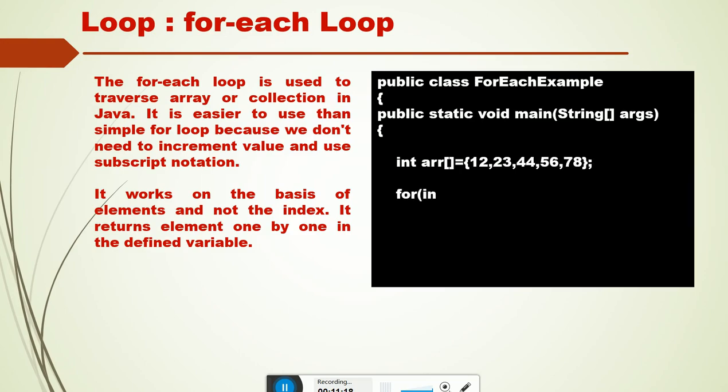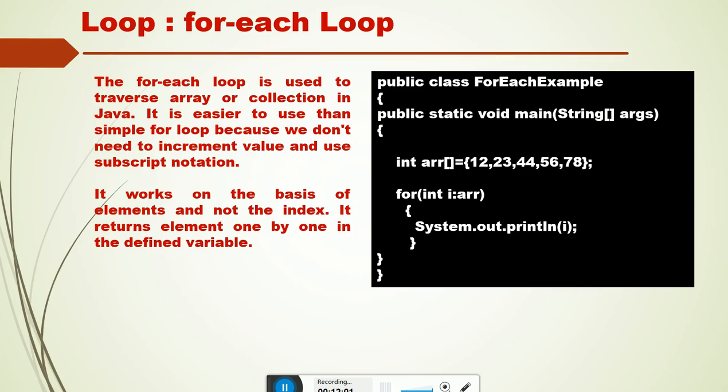Inside the main method we declare one array, and now the question is, what is an array? An array is basically a collection of elements of a similar data type. That means an array is basically a collection of variables or values whose data types are the same. So it is basically a collection of elements.